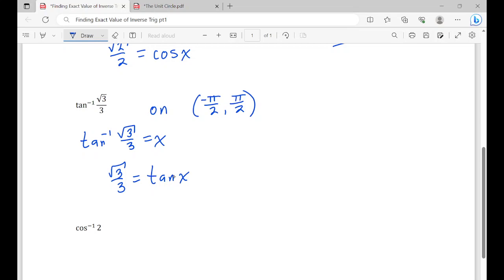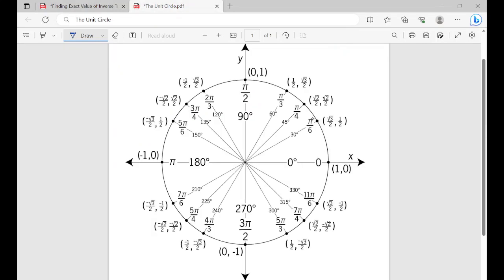Now where is tangent x root 3 over 3? Well, I know it can only be in quadrants 4 and 1, so I'm going to go look. And on the unit circle, it doesn't actually tell me root 3 over 3. But I know that tangent is just y over x. And to get root 3 over 3, and since it's positive, it can't be in quadrant 4, it has to be in quadrant 1, then it has to be y over x.